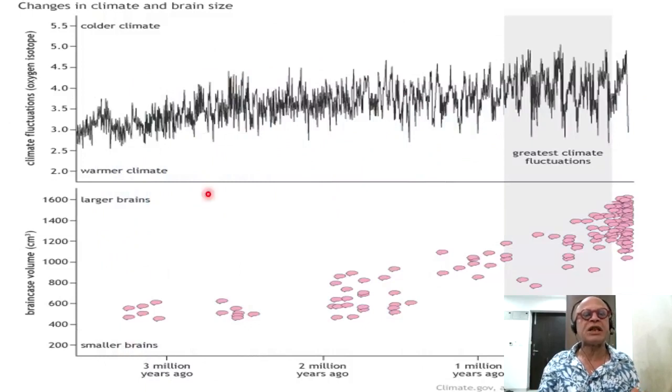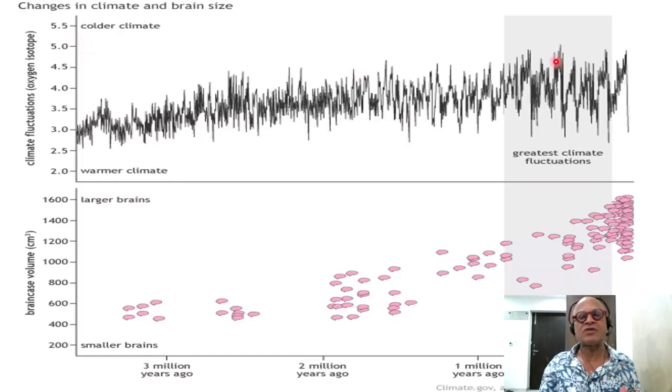This is the change in climate and brain size, and the idea is again reversing the scale here, going from 4 million years ago to today, brain volume in cubic centimeters, and climate fluctuation again in delta O18. So you can see that there was warmer climate, and then as we go towards higher oxygen isotopes, we get colder climates.